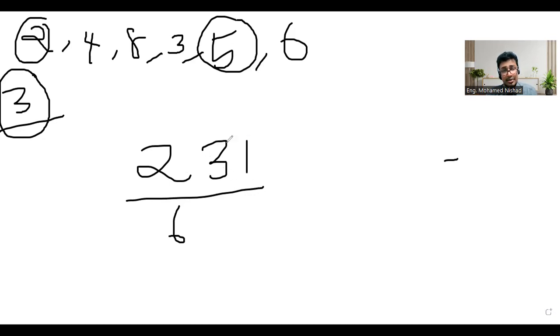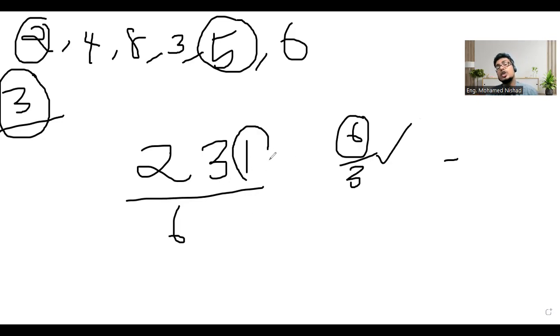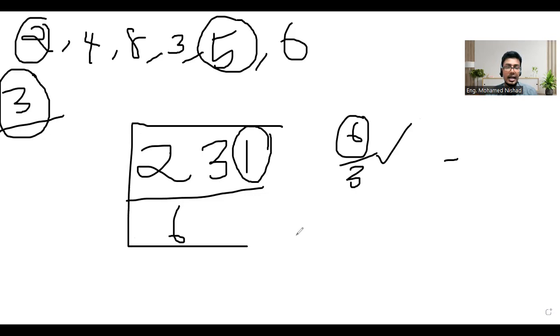This can be divisible by 3. 2 plus 3, 5. 5 plus 1, it will be 6. It will be divisible by 3. Okay. But it will not be divisible by 2, because 1 is not divisible by 2. Right? Therefore, the entire number will not be divisible by 6.